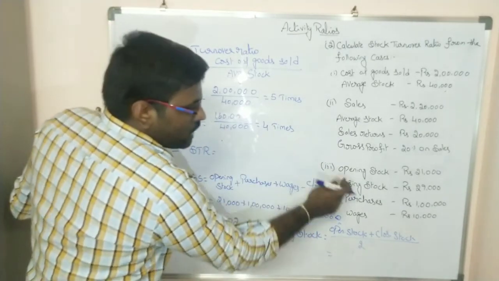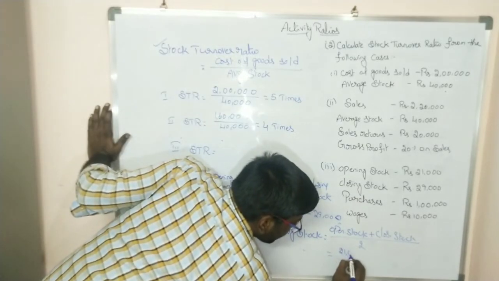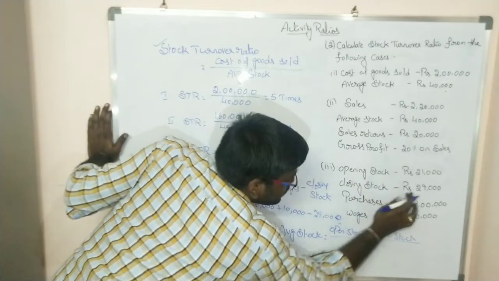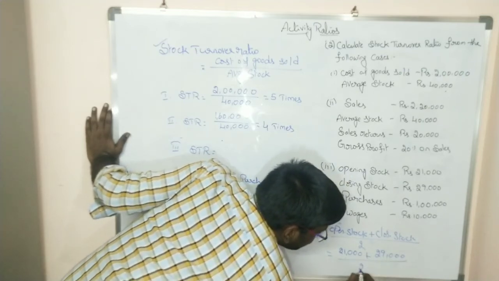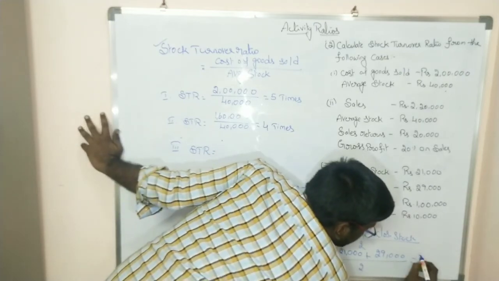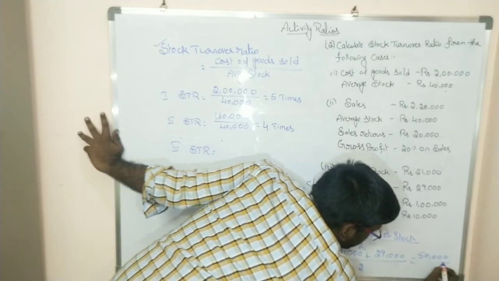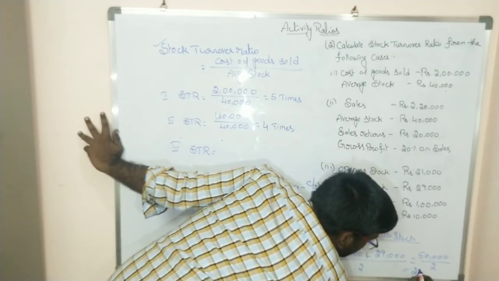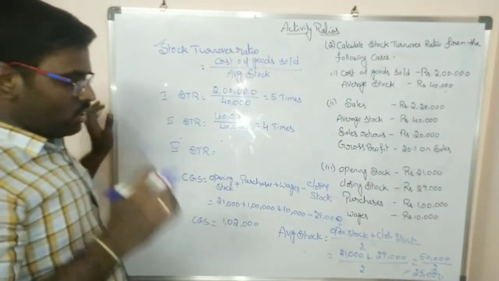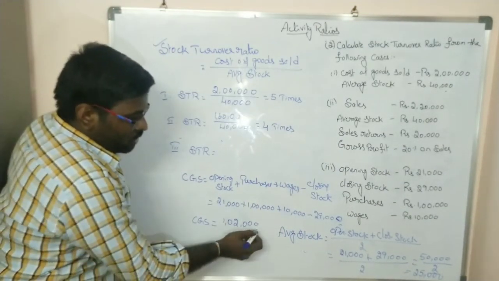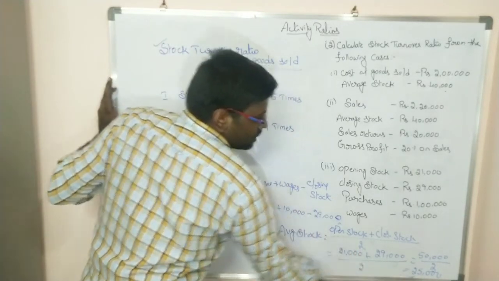So opening stock is 21,000 plus closing stock 29,000 divided by 2. That is 50,000 divided by 2, which will give you 25,000 as the average stock.